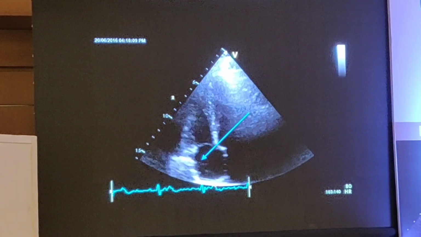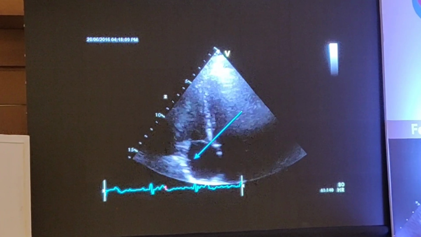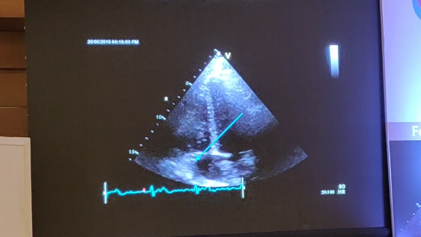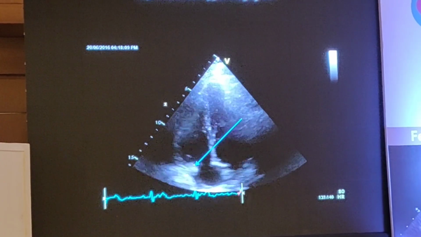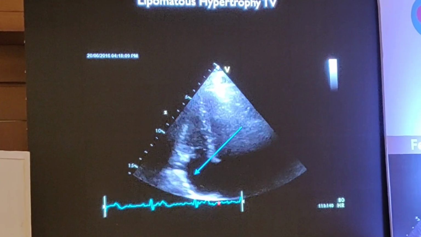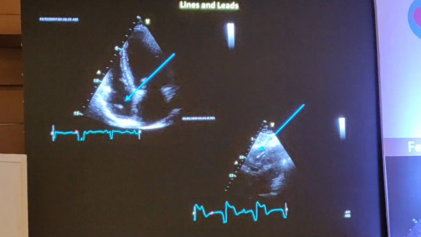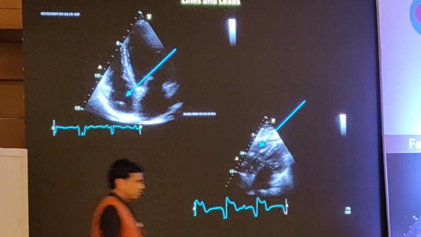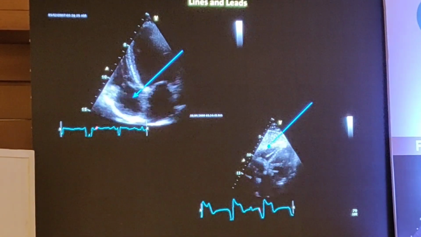So this is lipomatous hypertrophy. It has its own clinical implications in a very limited way. But when you see something which is very thick and very bright at the annulus level, it can be on the septal side also. So it could be lipomatous hypertrophy. Then of course, present day you have many patients walking around with chemoports, lines, so many things.